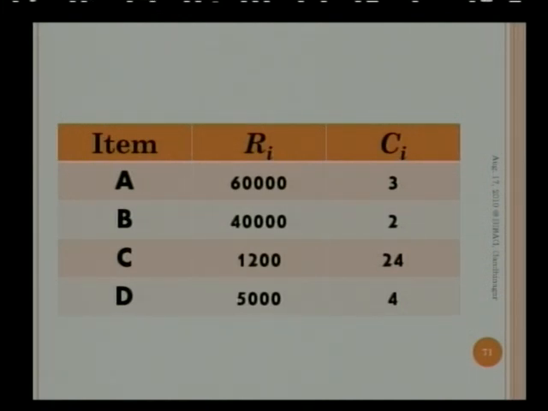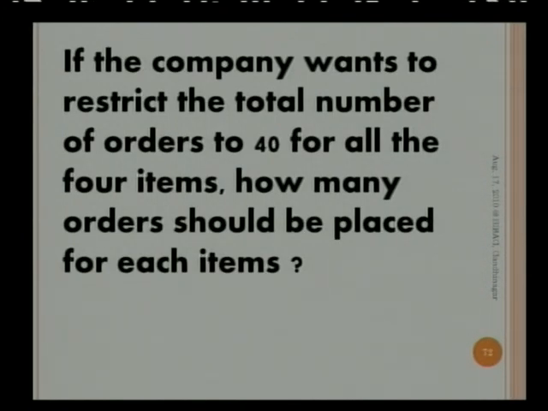Demands are 60,000, 40,000, 1200 and 5,000, whereas purchase costs are 3 rupees, 2 rupees, 24 rupees and 4 rupees. If the company wants to restrict the total number of orders to 40, so the company can order only 40 times for all 4 items, that is, the cumulative number of orders is 40, how many orders should be placed for each item?